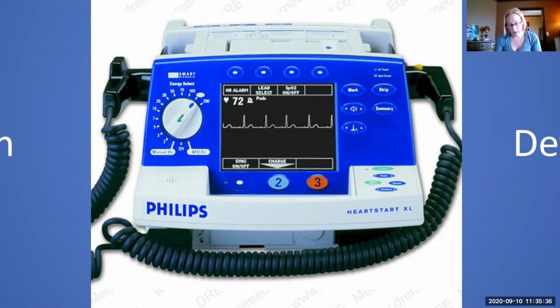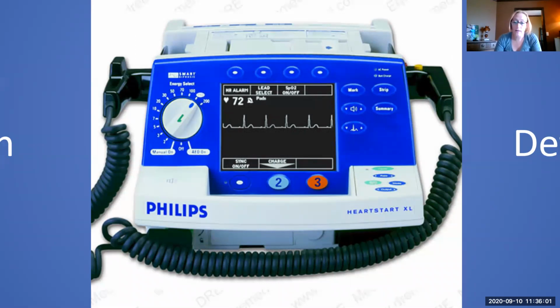If they go into a pulseless rhythm, then you have to make sure you turn that sync button off, because then it's going to wait. Especially if they go into like VFib, where there's nothing that the machine could find as far as the QRS complex, it's not going to shock them. So you have to turn off that sync button if you need to defibrillate.